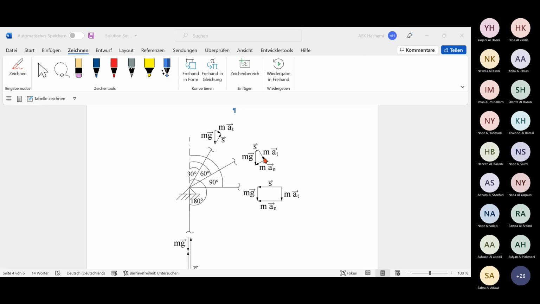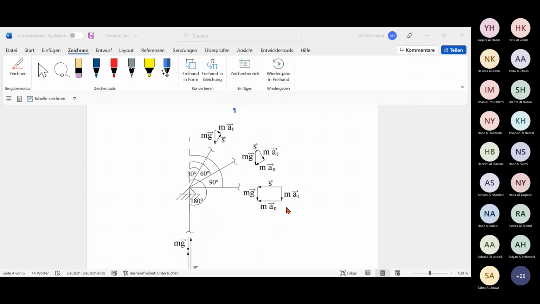These are the four forces that can happen: we have the rod force S, and we have the normal, let's say, for example, the inertia force, m a n, the normal one as well as the tangential one, and we have the weight. Now, if we take 90 degree, there is always S along the direction of the rod.